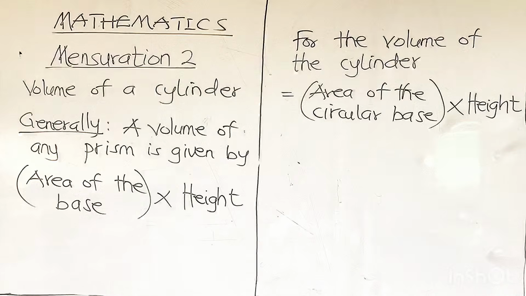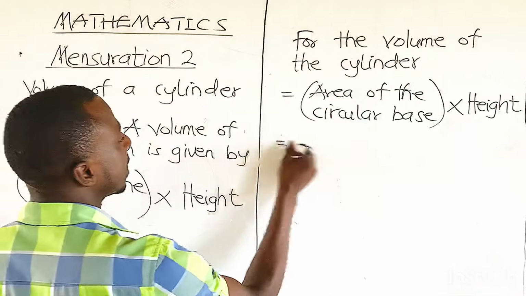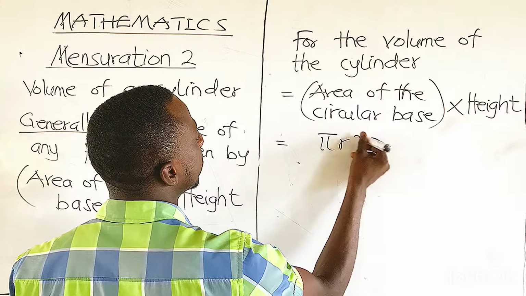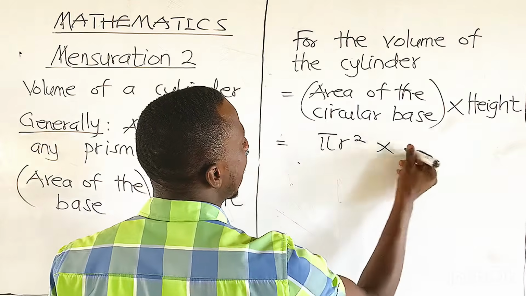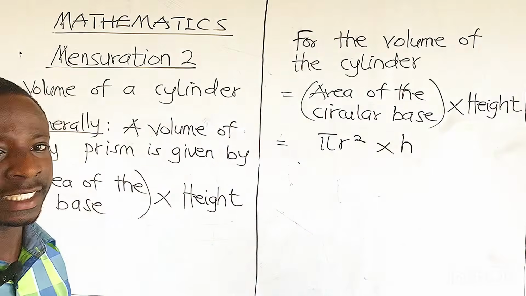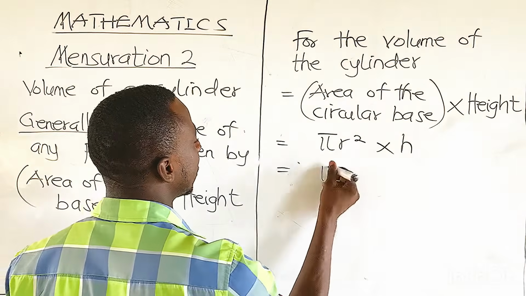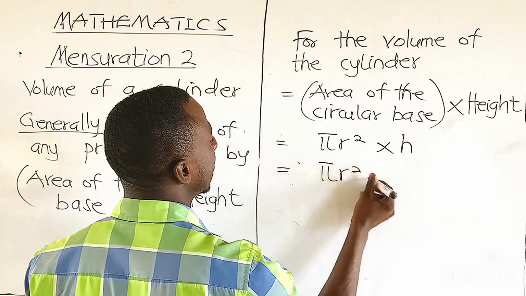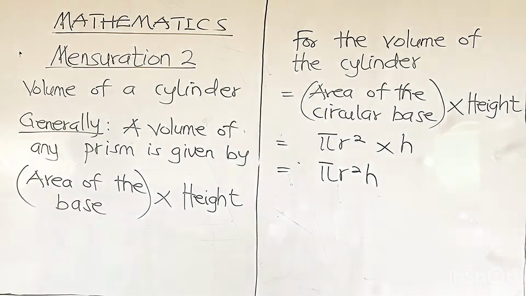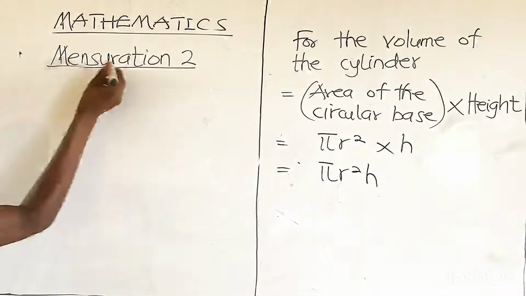We know that the base is a circle, so the area of the circle is pi r squared, times the height. We use h to represent the height. In that case, the volume of a cylinder is pi r squared h. As simple as that. Now we are going to move on to the curved surface area of a cylinder.